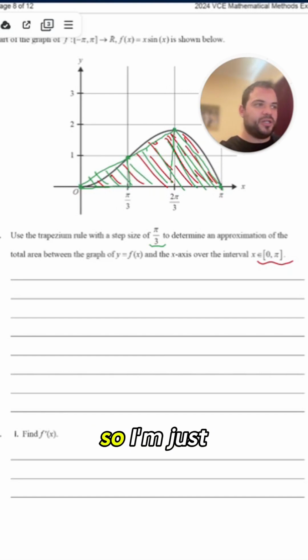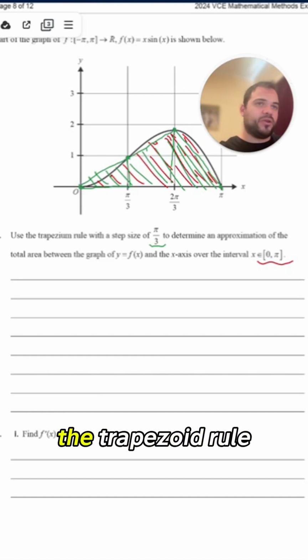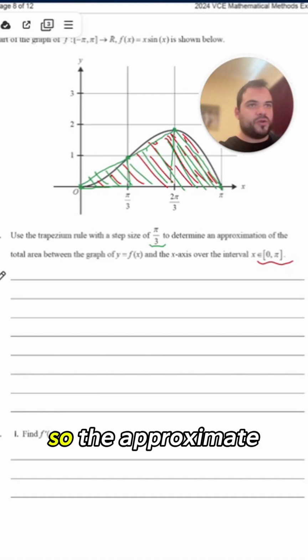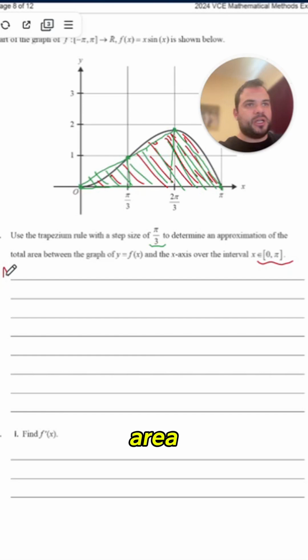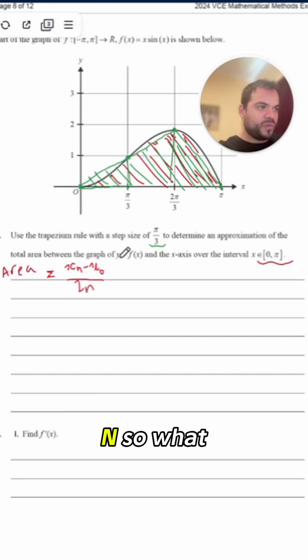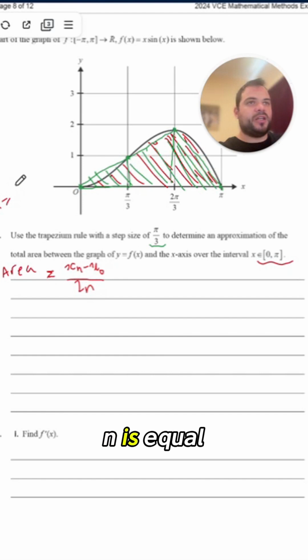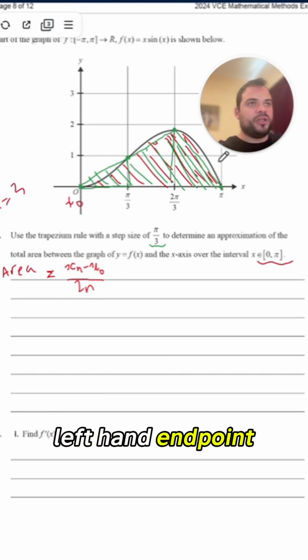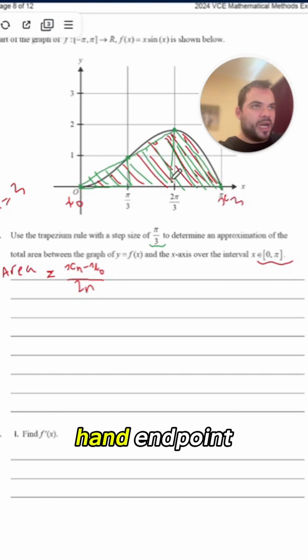x-axis. So I'm just going to go ahead and write down the trapezium rule. The approximate area is equal to, the formula is xn minus x naught over 2n. So what is n here? N here is the number of trapeziums. So we have n equal to 3. And then x naught is this left-hand endpoint, and x3 is this right-hand endpoint.